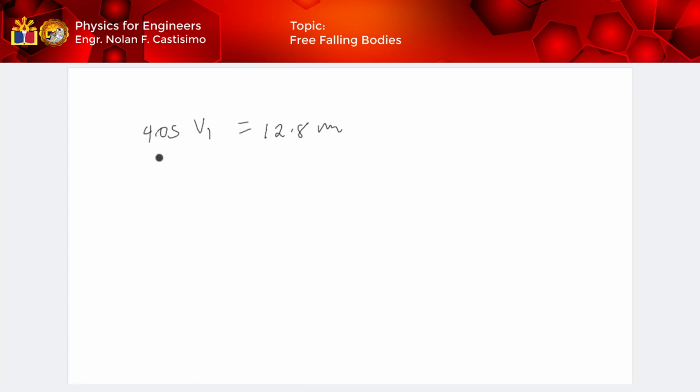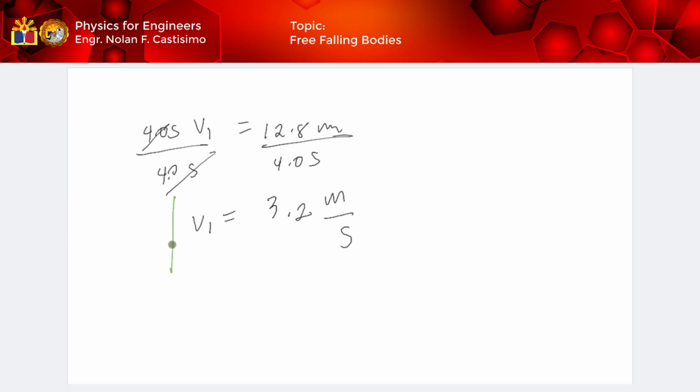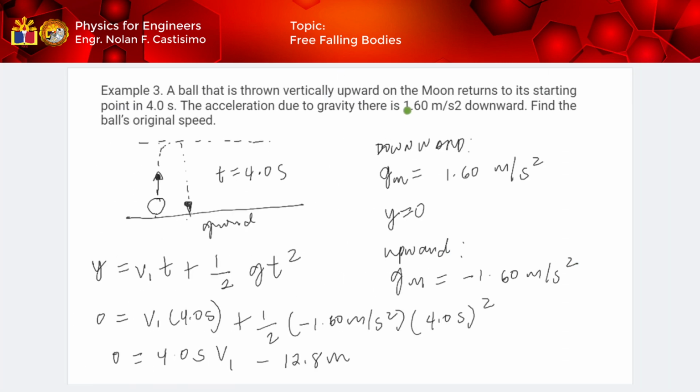Kaya naging positive. Tapos, divide both sides by 4.0 seconds. So, cancel. v1 will be equivalent to 3.2 meters per second, wherein this value v1 will be our final answer. Okay? So, yan na yung original speed ng ating bola sa buwan na indicate dito sa ating problem number 3.